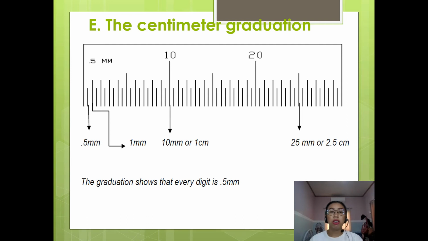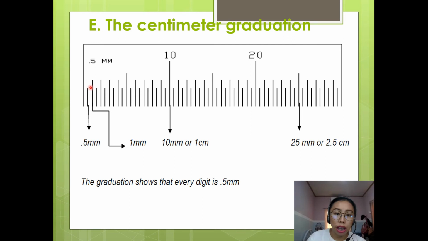Okay. So in your ruler, we have two graduations. We have the centimeter graduation and the inch graduation. So how will you read those measurements? So the first one, we have the graduation that shows every digit is 0.5 millimeter. So the interval is equivalent to 0.5 millimeter. As you notice here, the arrow, the first short line, that is 0.5 millimeter.